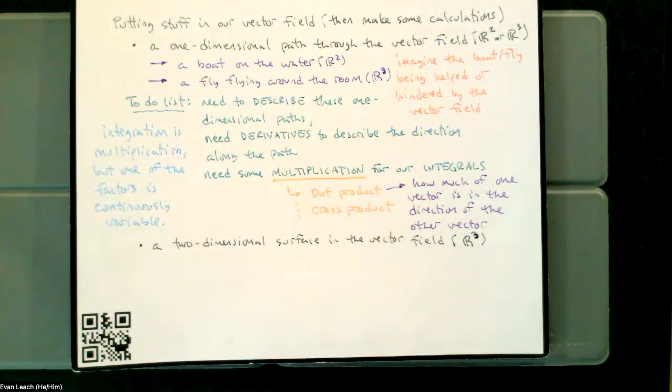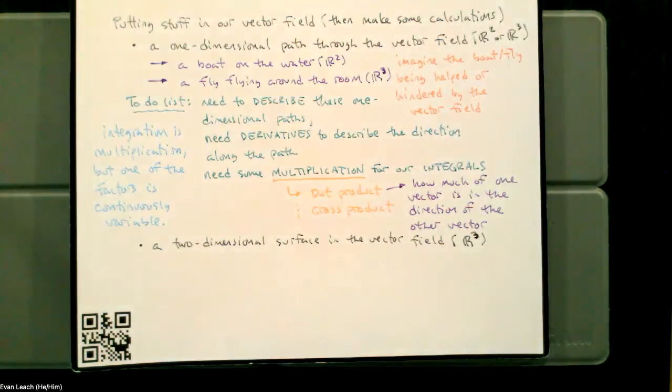So we're going to go into our three-dimensional space. We're going to imagine the vector field is the airflow around the room, and I come walking in with a net. I didn't actually bring a net. So a net, a two-dimensional surface. I'm going to stick it in the vector field. And what I'm going to want to measure is the vector field flowing through the surface.